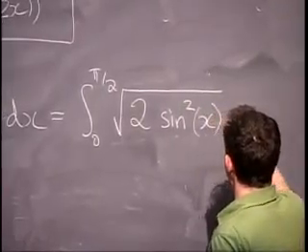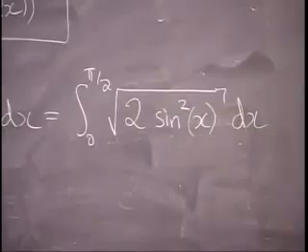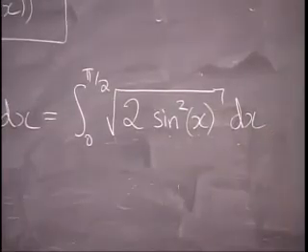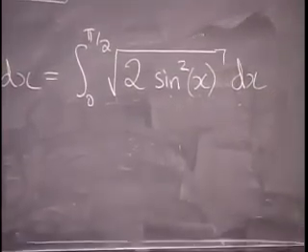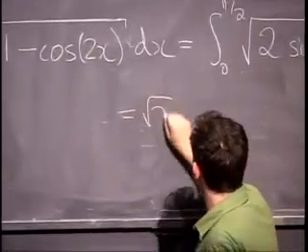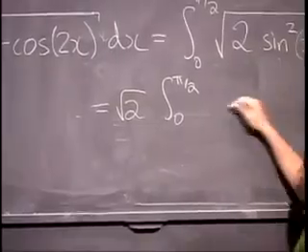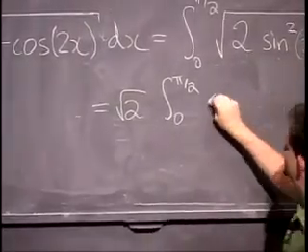Not 2x, just x. That's the double angle formula. Well, root 2 is just a constant, so I'll pull that out. And the square root of sine squared x is just sine x.